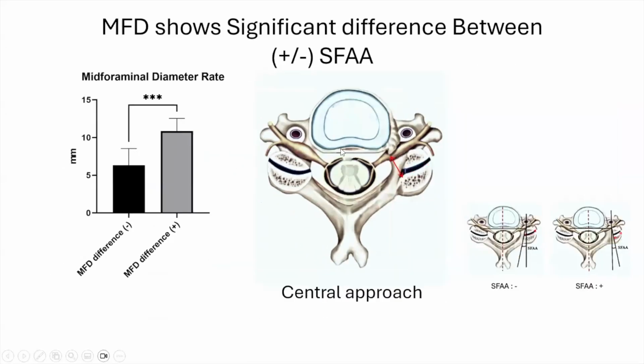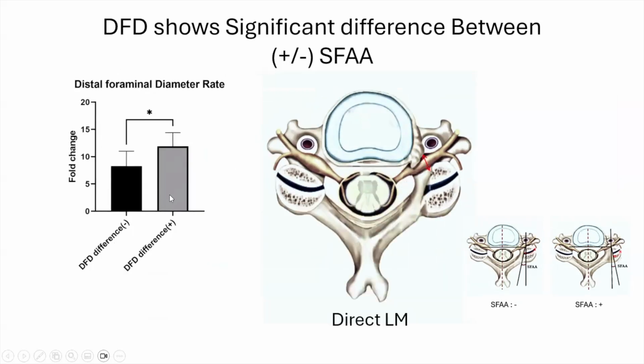How about the medial foramen diameter increasing rate? As you can see, with the incline approach, the foramen diameter increase is much less than with the direct lateral mass approach, but still enough. For the distal foramen, both ways have less increase than the medial diameter, but the direct lateral mass approach is still significantly higher than the central approach.